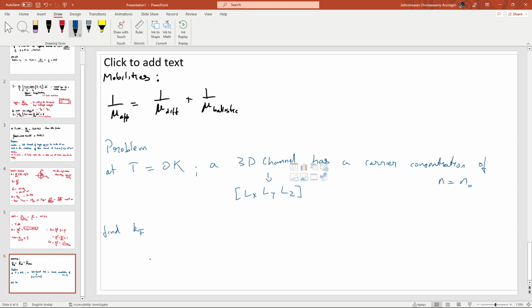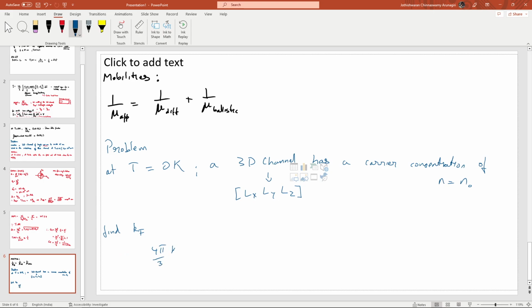So how we have to do this is essentially, in this case, the k space will be a three-dimensional space, and the isoenergy surface will be a sphere. Because of that, we have to consider the volume of the sphere.